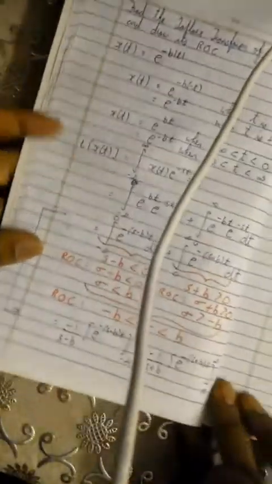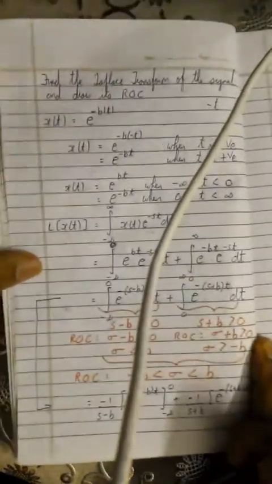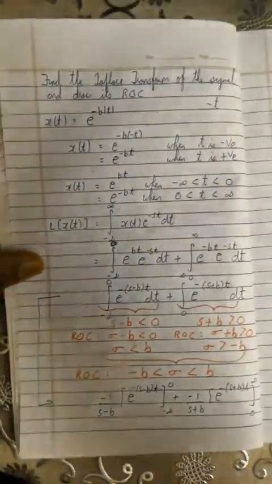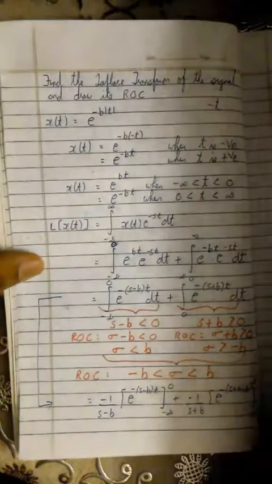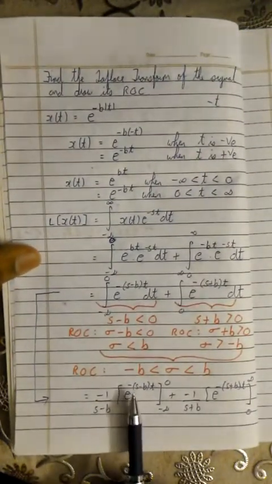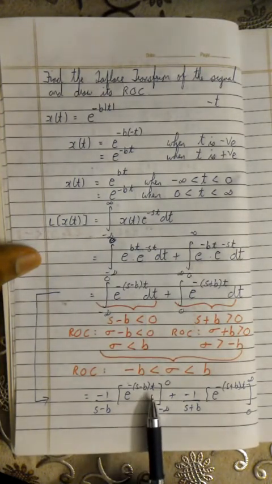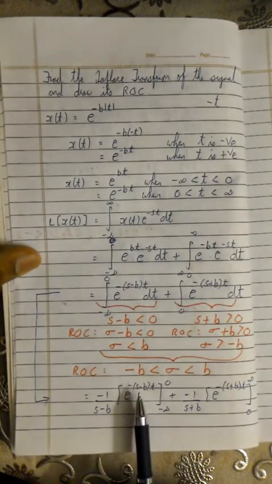and minus, as you can see here again, okay, I don't want you all to have any confusion regarding this. If you look very carefully over here, here it is e raised to minus of s minus b t. So if I substitute t as minus infinity over here, here s minus b is also negative.